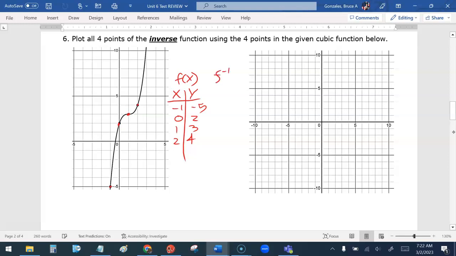The inverse function, I just have to flip those points. -5, -1, 2, 0, 3, 1, 4, 2. And let's graph this. -5, -1, 2, 0, 3, 1, 4, 2.